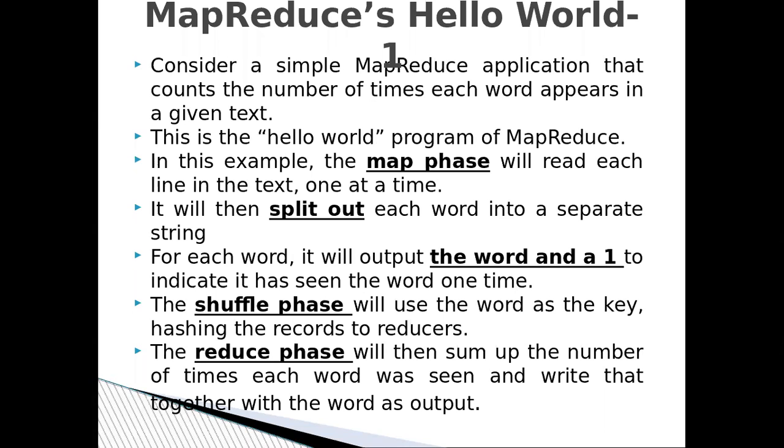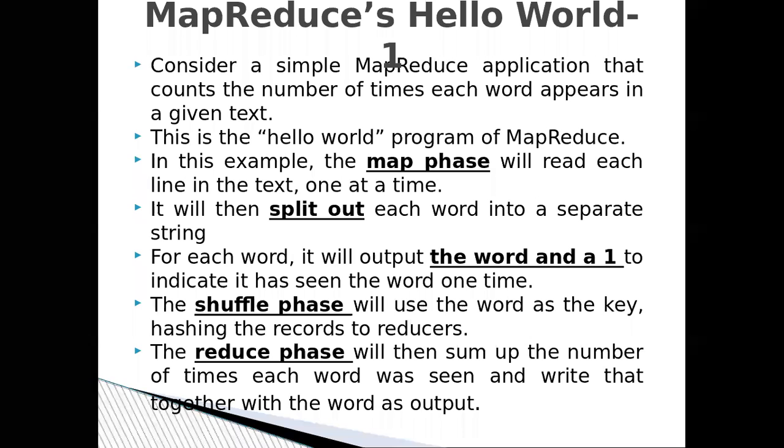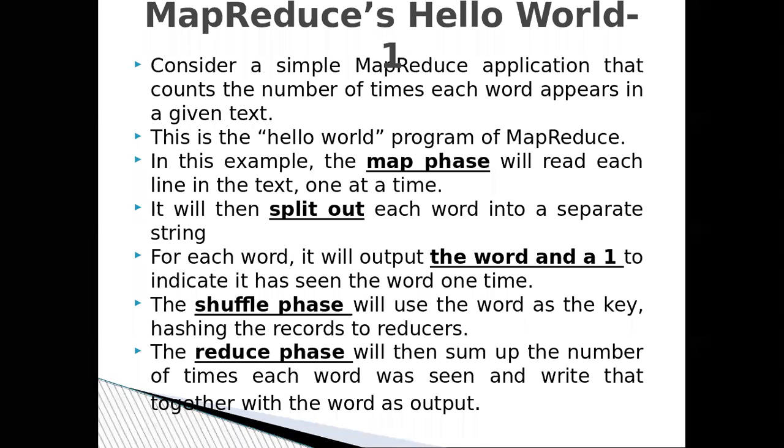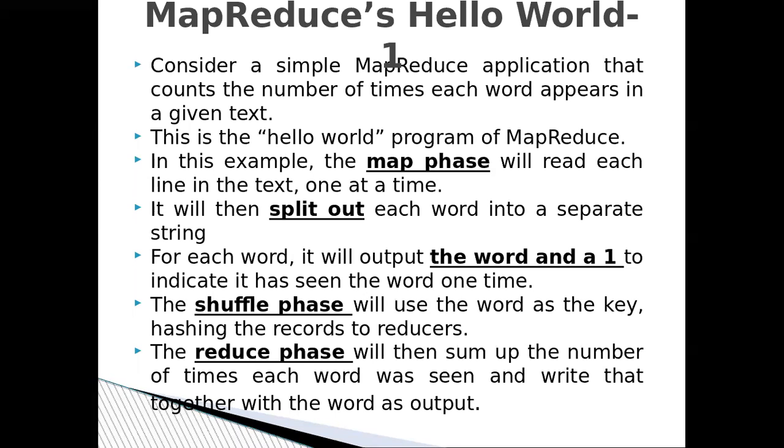And just like you have a hello world beginning program in Java, this is known as the MapReduce hello world. The application is that we need to count the number of times a word appears in a given text. Text may be in gigabytes, in terabytes, but out of that given text file, it will pick up each word and tell you how many times that word has occurred.